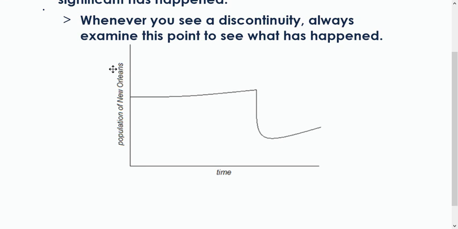But you could make an inference about it, even if you didn't know about Hurricane Katrina, that you could say, okay, something occurred at this point in time. It caused a massive decrease in the population of New Orleans, and it's slowly been recovering. And depending on how much time has passed, it could also mean different things. Is this minutes? Is it seconds? Is it a century? We don't know, so it's hard to make a really thorough analysis, but you could make one.